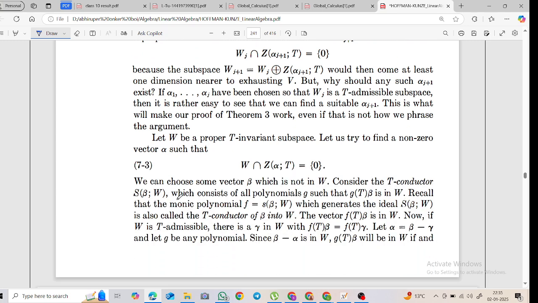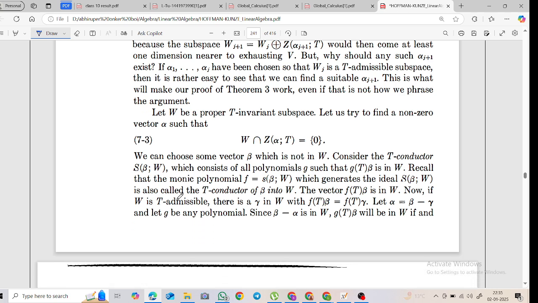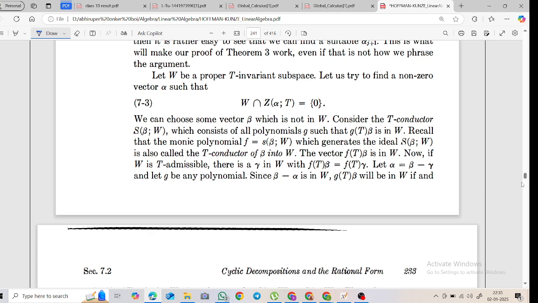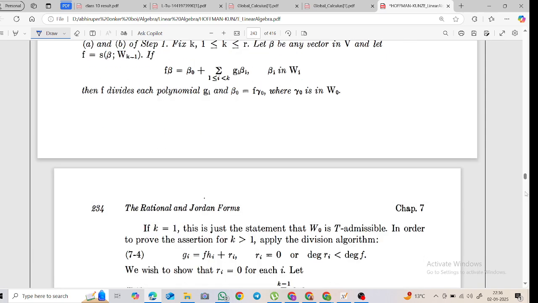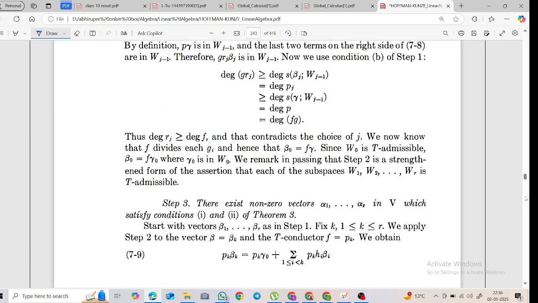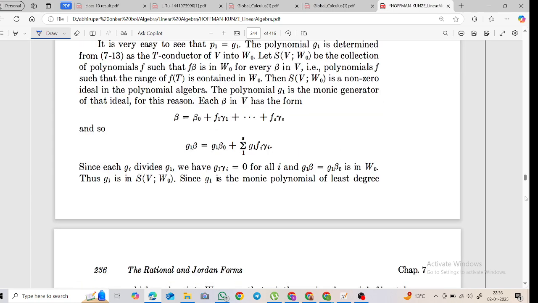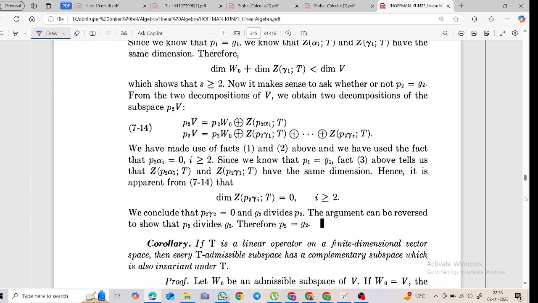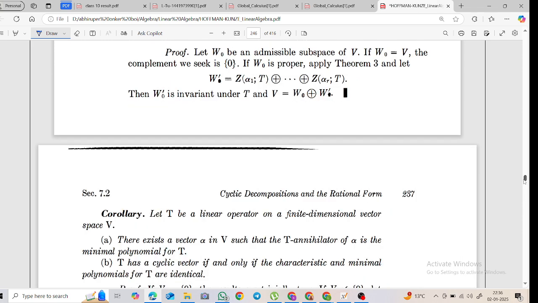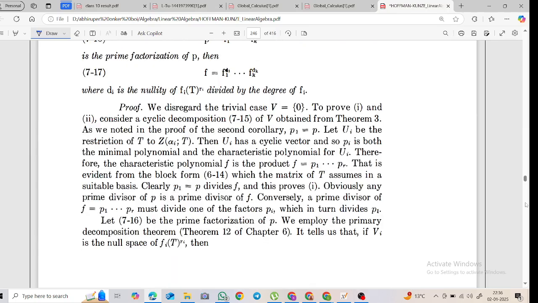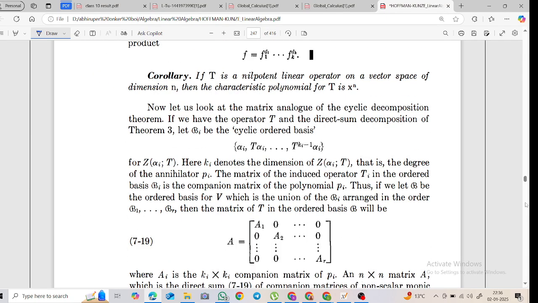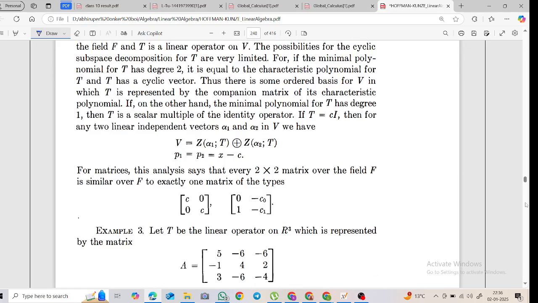This proof is actually the cyclic decomposition theorem. Oh, we will have to skip this proof because this is extremely big. The generalized Cayley-Hamilton, this we will do. Don't worry about that.